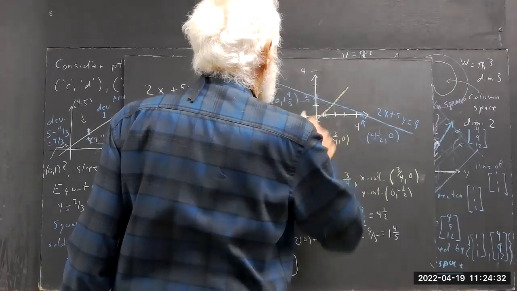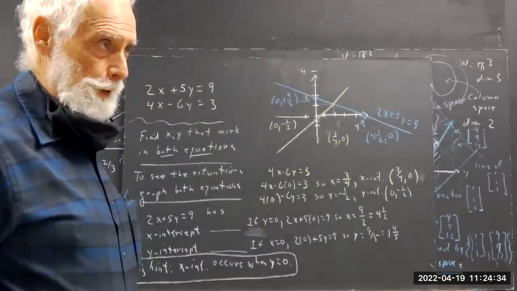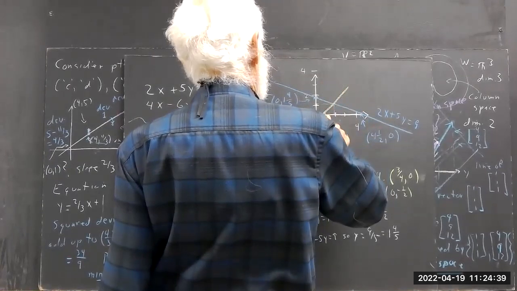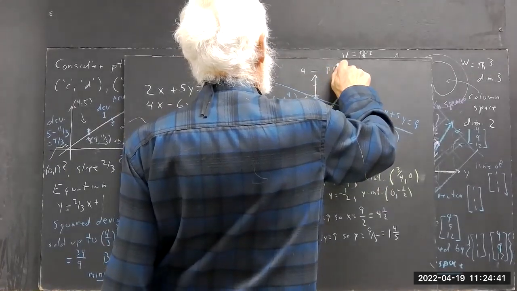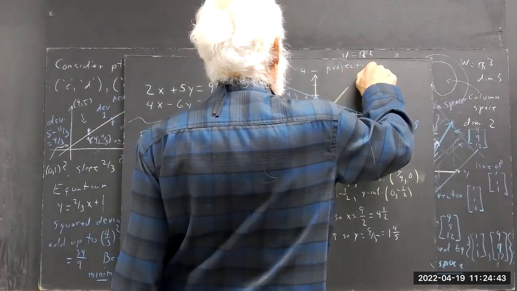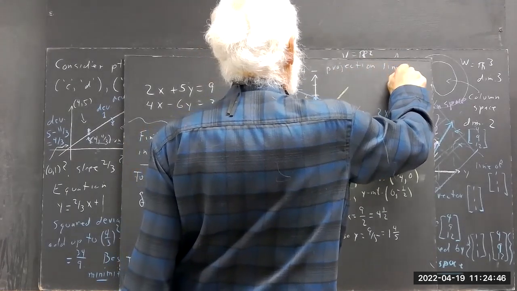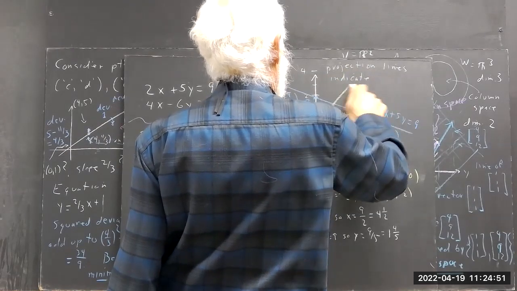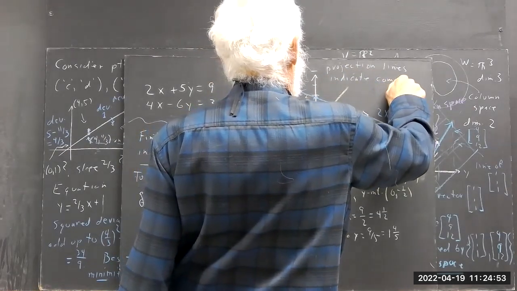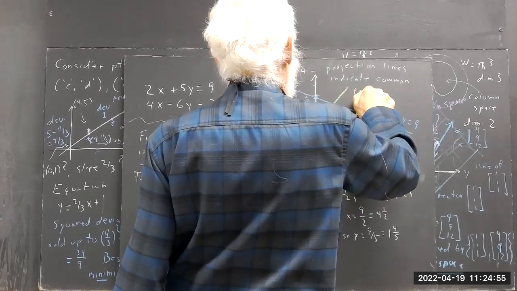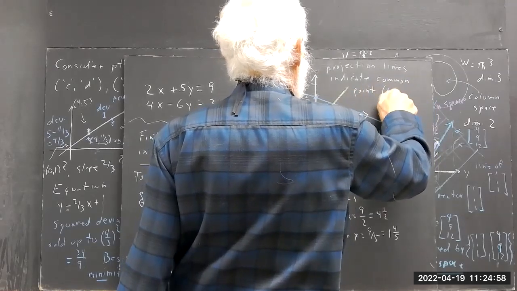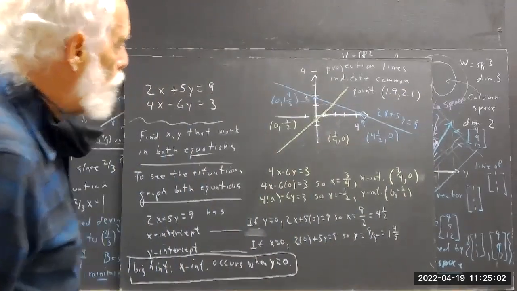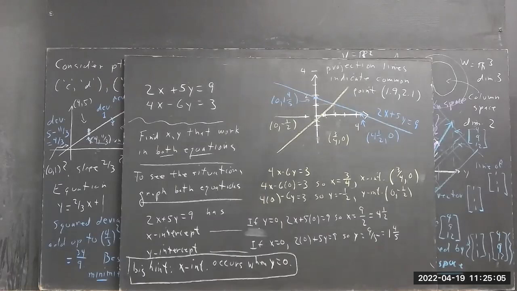Looks to me like it's about 2.1. My projection lines indicate the common point 1.9, 2.1.